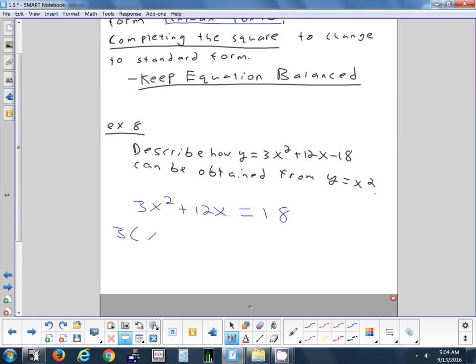Remember that 18's on the other side, so that's not affected. I factored out a 3, so I could get x squared just with a coefficient of 1.